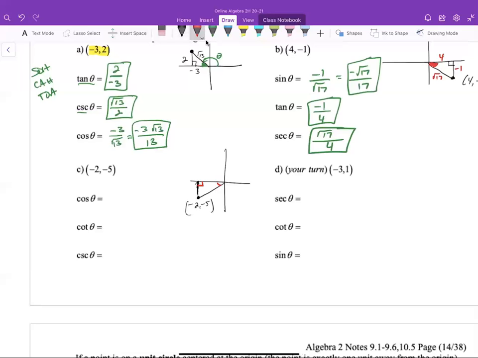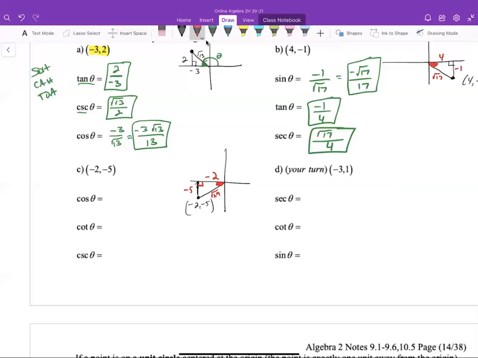We are going to use our reference angle that is created with the origin, and label our sides. And so this is my y side, which is -5. So this is obviously not drawn to scale. This is -2. I then take 2 squared plus 5 squared, take the square root of that. That gives me square root of 29.